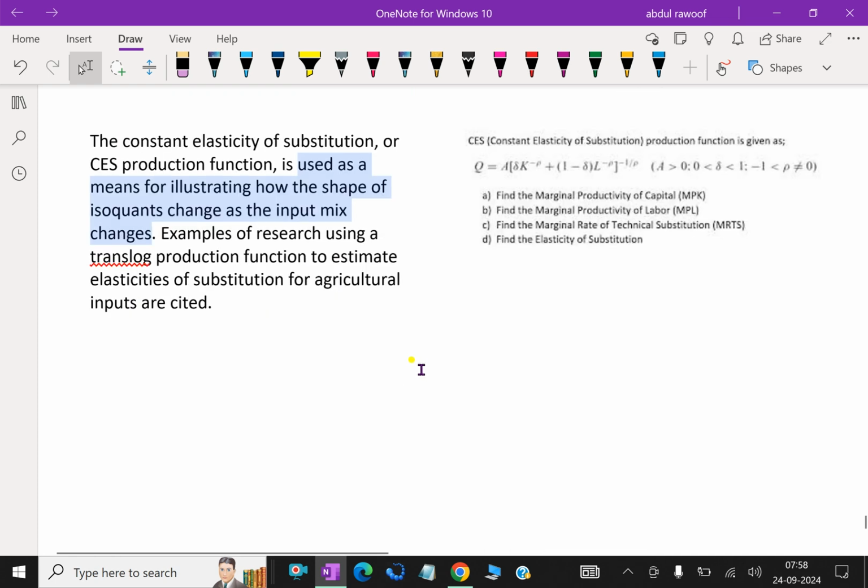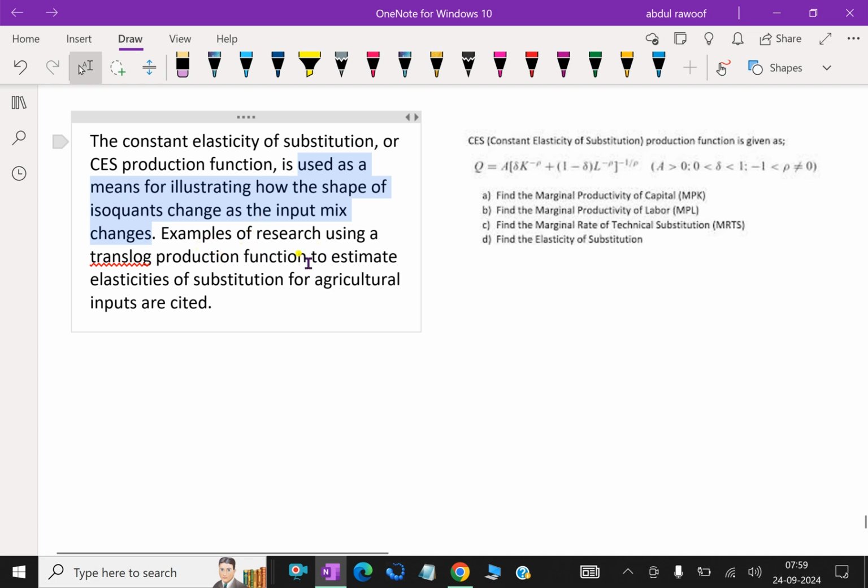Next one, the constant elasticity of substitution, or CES, production function is used as a means for illustrating how the shape of isoquants changes as the input mix changes.